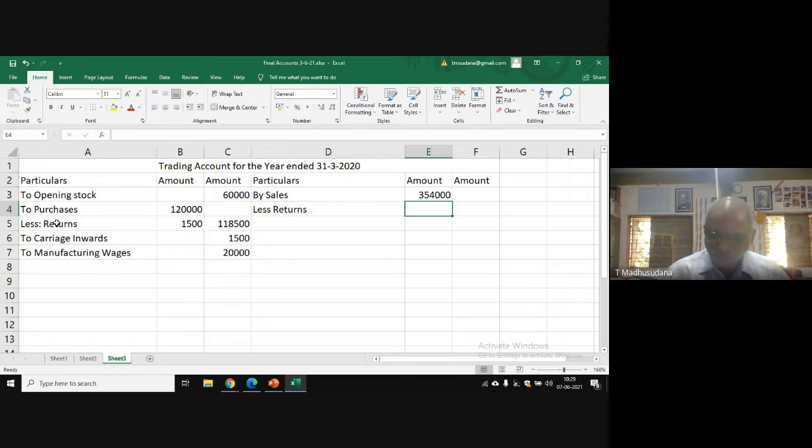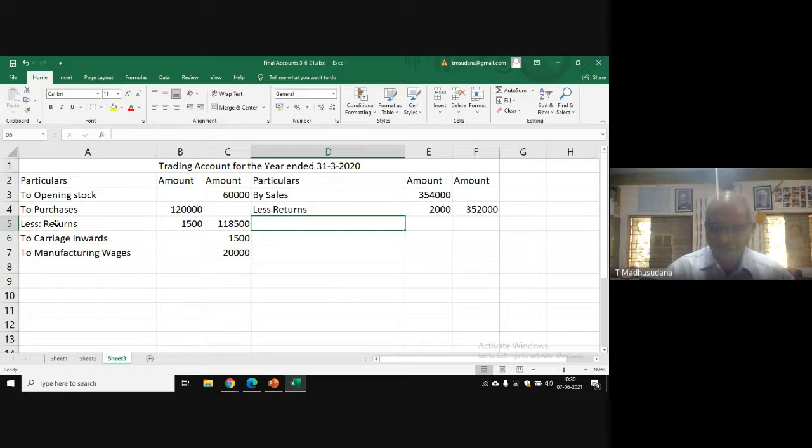Where will the sales returns appear? Sales returns appear on the debit side of the trial balance. That's 2,000 rupees. If you deduct this amount, 3,52,000 is the net balance.